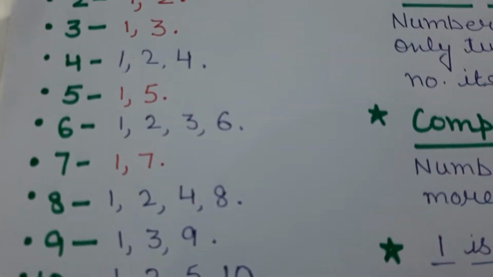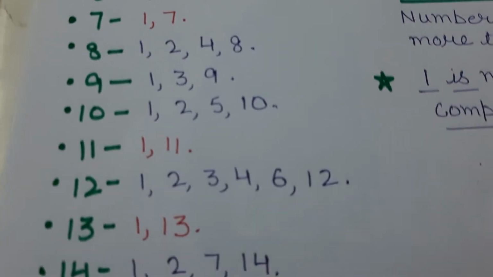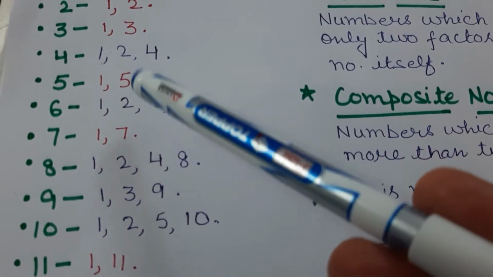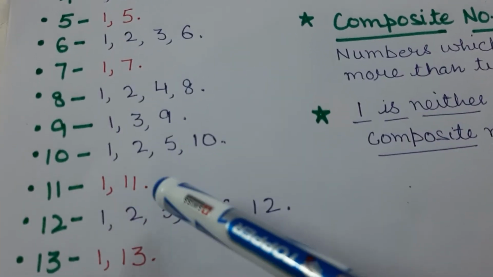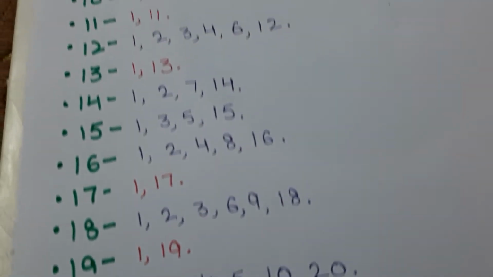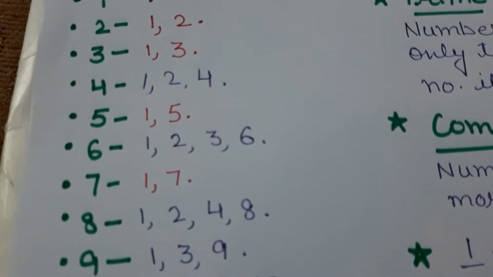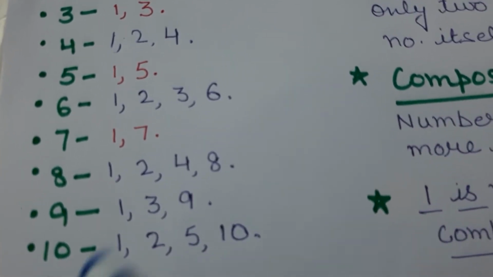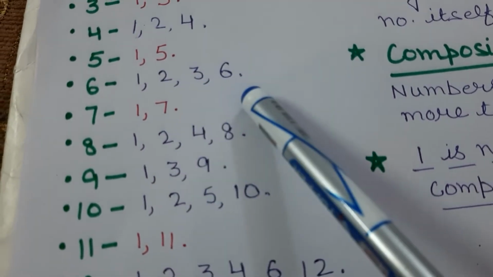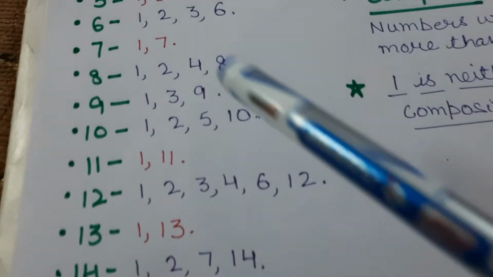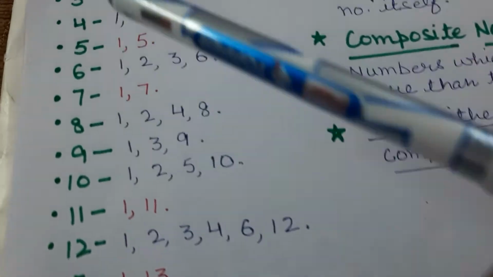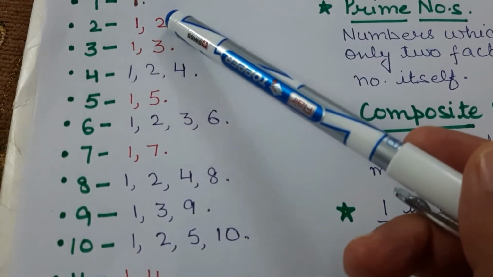You can see that there are some numbers which have only 2 factors, and other numbers have more than 2 factors, either 3 or 4, sometimes 5, sometimes 6.